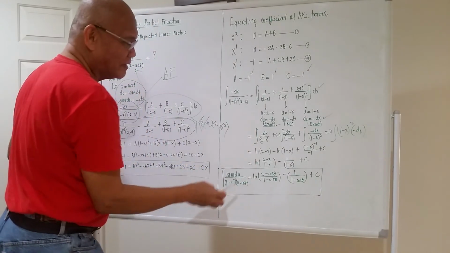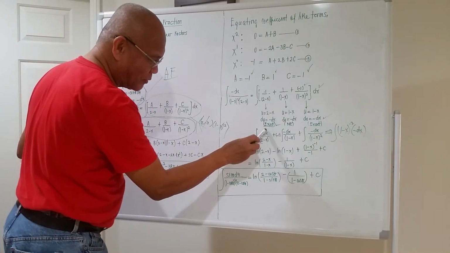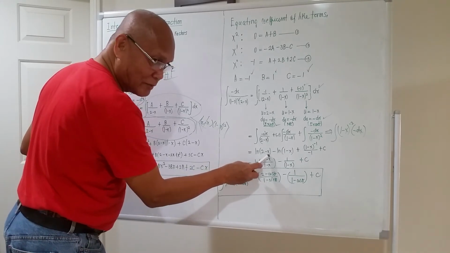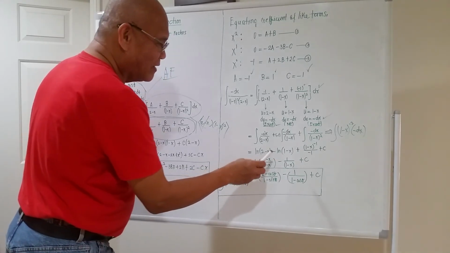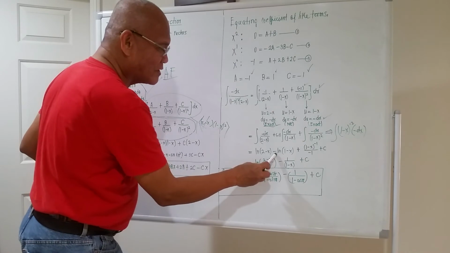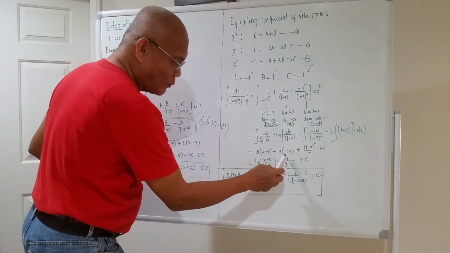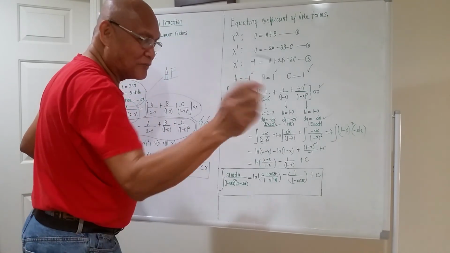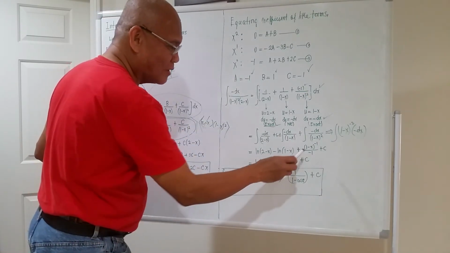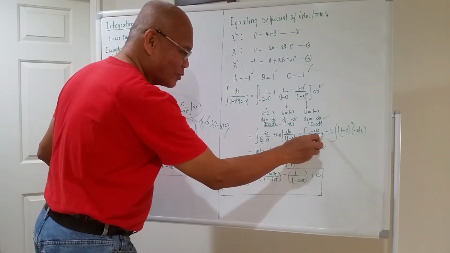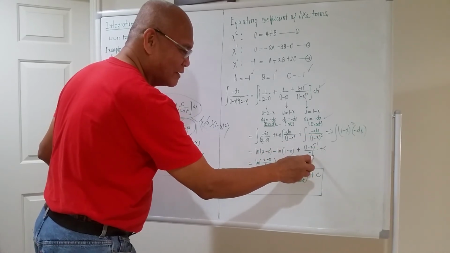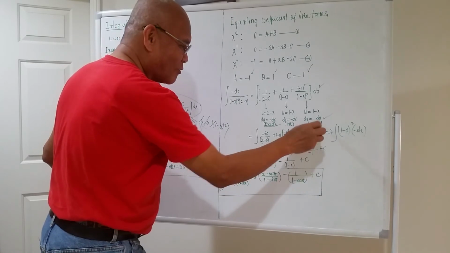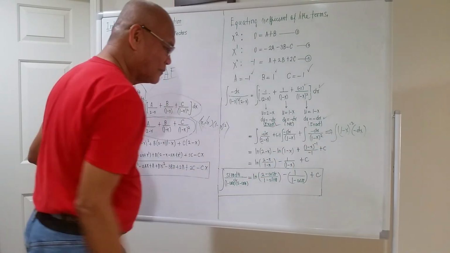So the first one, this is the exact value of du and this is u. The answer will be natural logarithm of 2 minus x. Plus and minus will be minus natural logarithm of 1 minus x. The third one falls under the power formula. It would be 1 minus x raised to minus 1 over minus 1, plus c. We don't have to do anything because it was exact already. The value of du is exact.